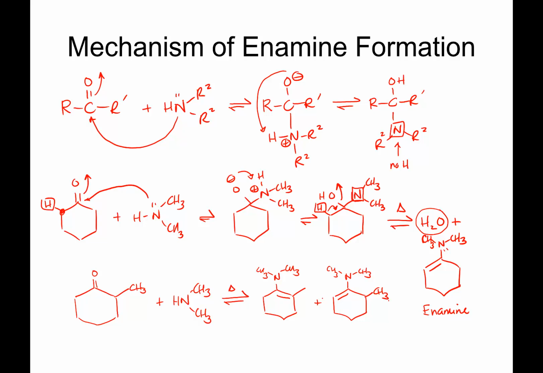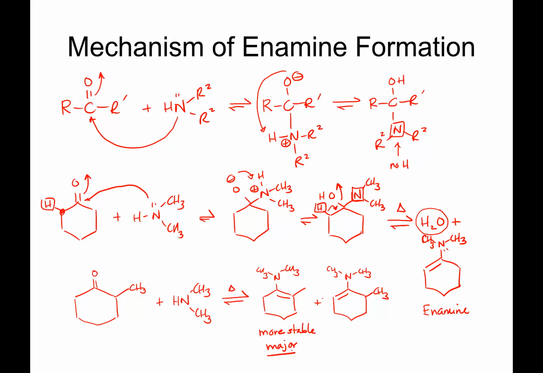What if I said that the major product was the more stable one? Which one would you say is the major product? If the major product is the more stable product, the double bond is more stable in this case, and so that would be the major product of that reaction.